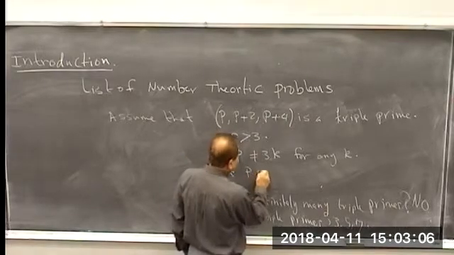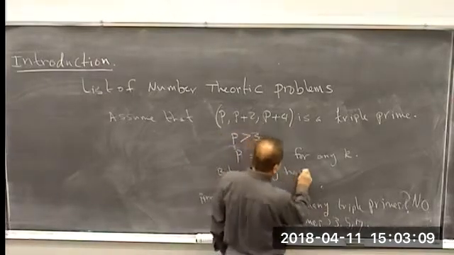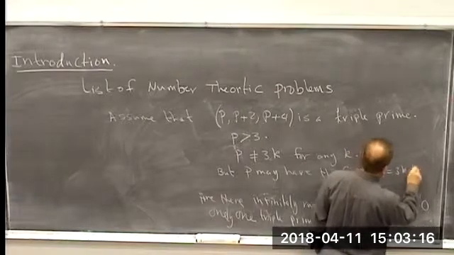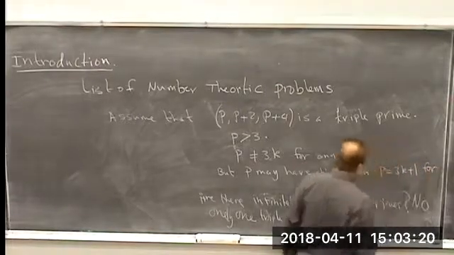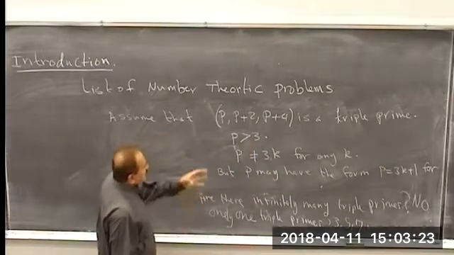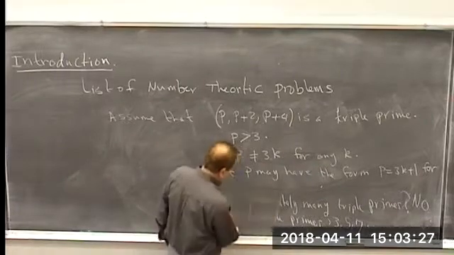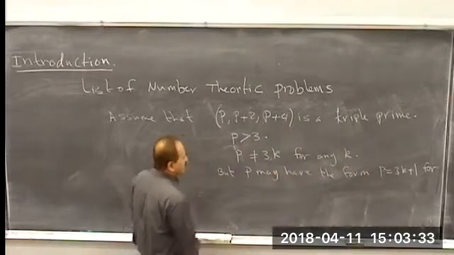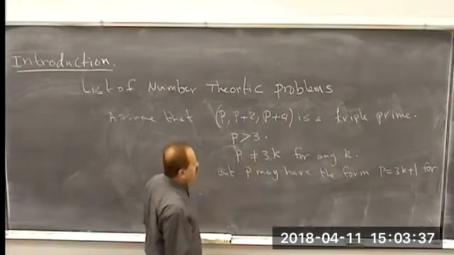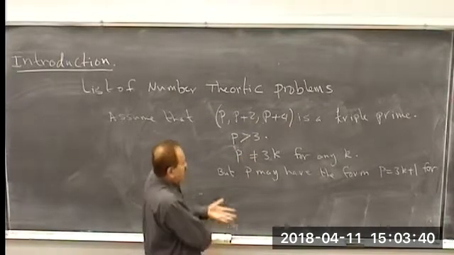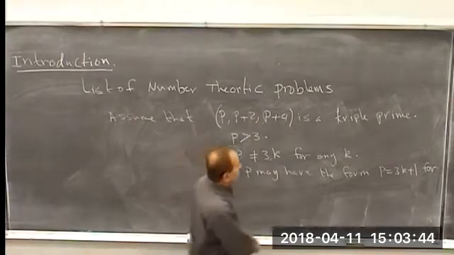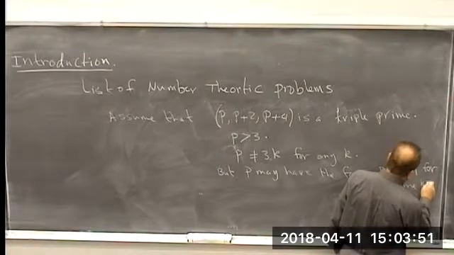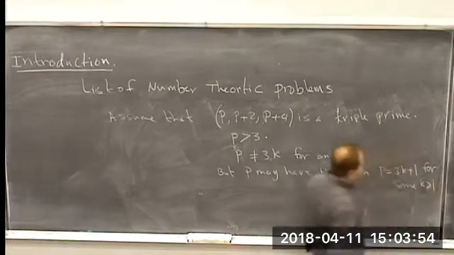Because P is bigger than 3, the multiples of 3 cannot be prime. So the next possibility is P equal to 3K plus 1 for some K, a natural number, meaning bigger than or equal to 1.